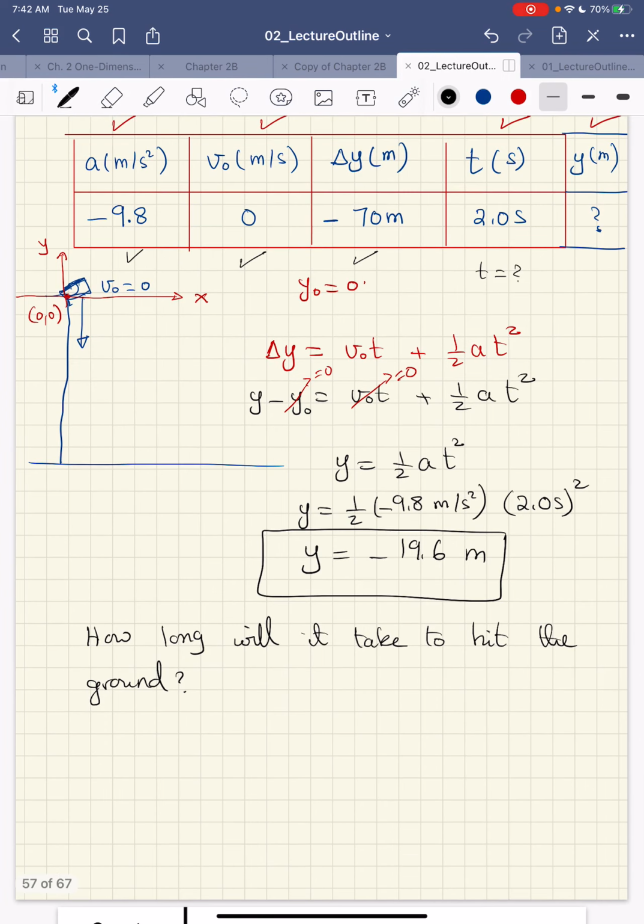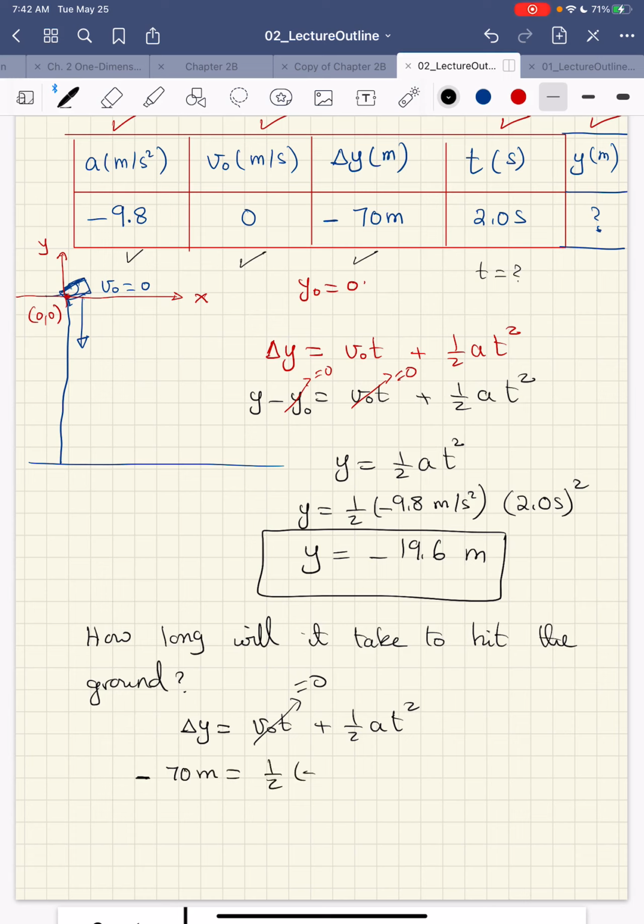And I will say again, I can use actually the same equation. Then delta y equals v0t plus 1/2 at squared. This is 0 again. This one is negative 70.